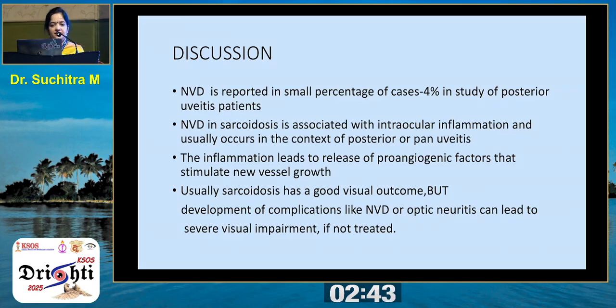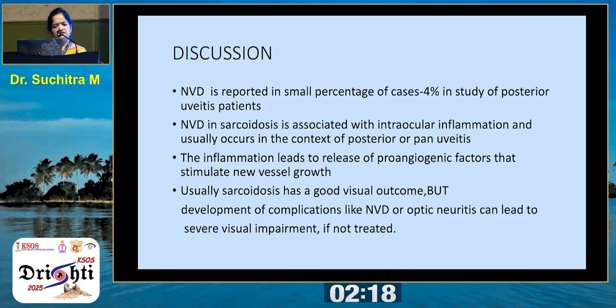NVD, that is neovascularization of the disc, is reported in a small percentage of cases, about 4% in studies of posterior uveitis patients. NVD in sarcoidosis is associated with intraocular inflammation and usually occurs in the context of posterior or panuveitis. The inflammation is due to release of pro-angiogenic factors that stimulate new vessel growth.